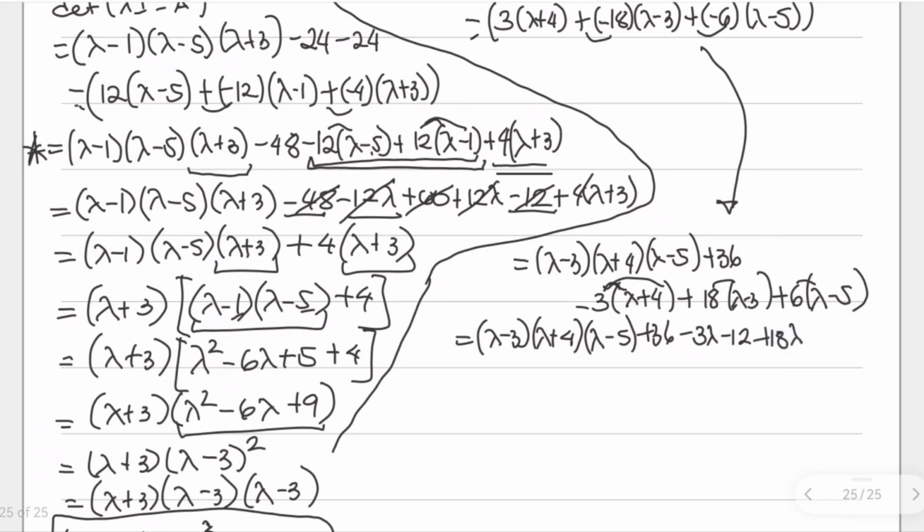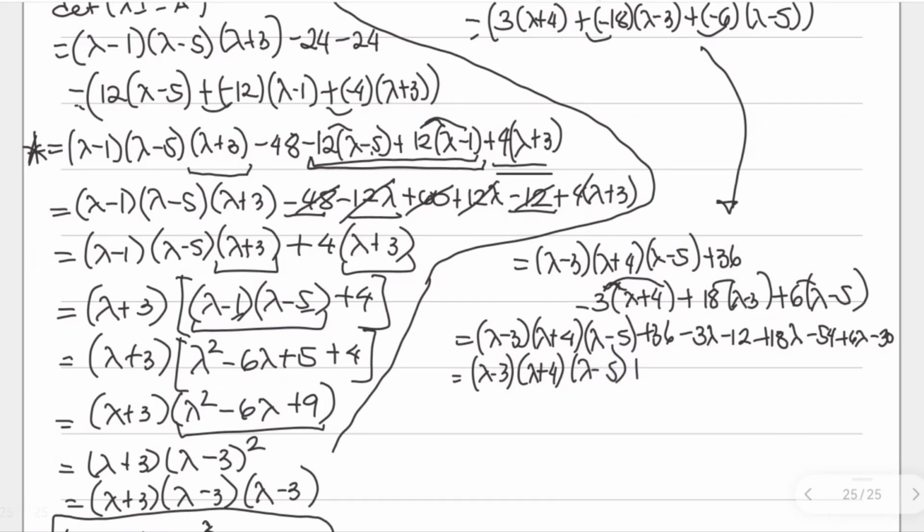Then you have minus 18 times 3, sorry, not 72, the 54. Then plus 6 lambda minus 30. Then you will have lambda minus 3, lambda plus 4, lambda minus 5.